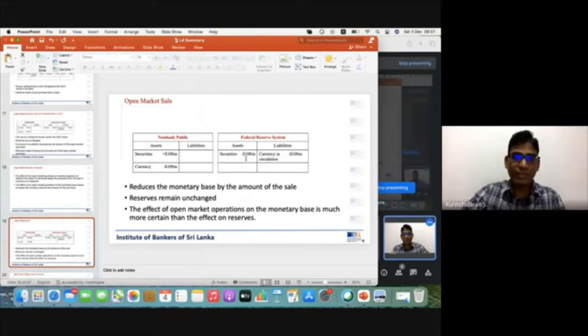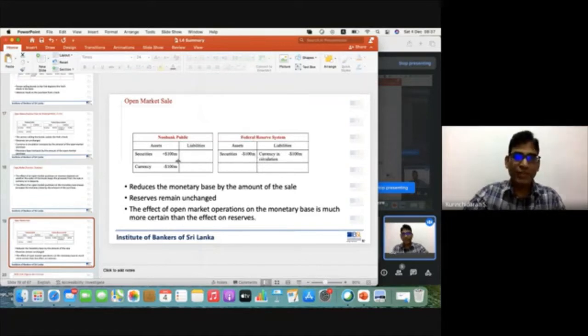To compensate for that, let's assume they are selling to the general public, that means the non-bank public. The securities go to the public and they pay by cash or currency. So currency comes back to the Federal Reserve System, the central bank. Their liability is going to be less because they already issued the currency in circulation. That's their liability. When they get that money back, the liability is going to be less. So the central bank balance sheet will look like this.